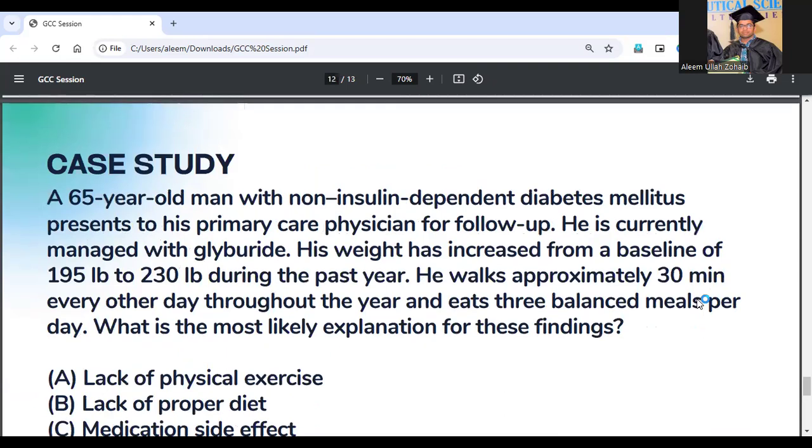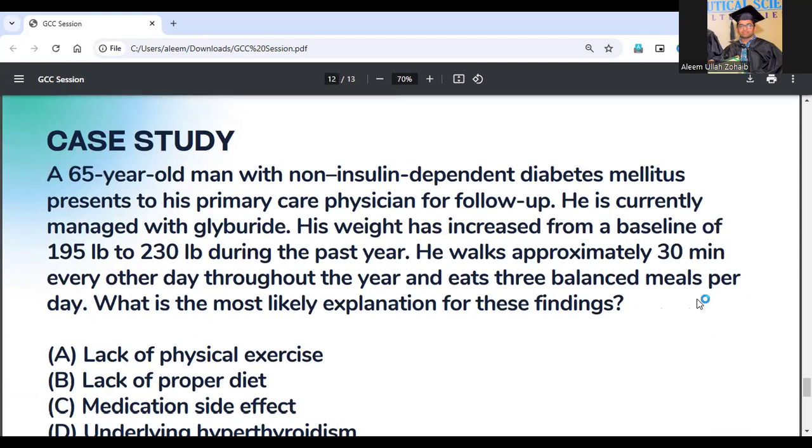Now come to the case study related to the topic. A 65-year-old man with non-insulin dependent diabetes mellitus presents to his primary care physician for follow-up. He is currently managed with glyburide, a sulfonylurea. His weight has increased from a baseline of 195 to 230 pounds during the past year.